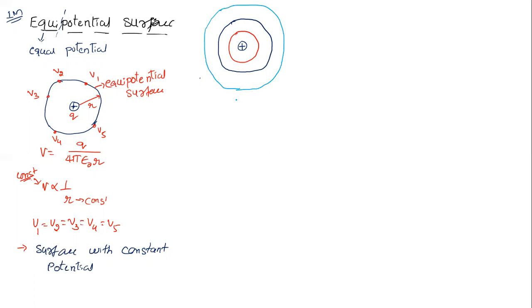Sir, if I take both positive, let's say one positive charge and one more positive charge, let's draw an equipotential surface for these two charges. It will be like this. I need to practice more and more on drawing circles. On the second charge it will be the same thing.